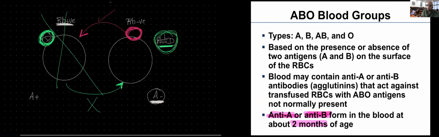If you are blood group type O, you're going to develop anti-A and anti-B. If you are blood group type B, you're going to develop anti-A. Again, all this is by the second month of age. So even for the first mismatched blood transfusion, you're going to have a reaction causing the destruction of the transfused cells and renal failure.